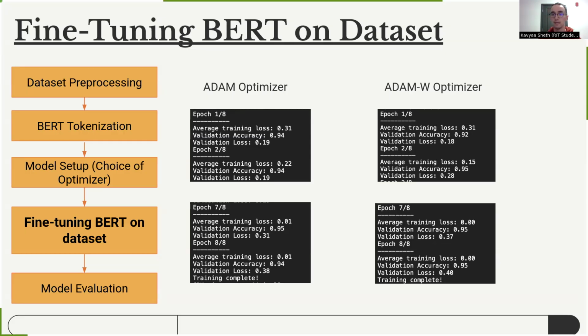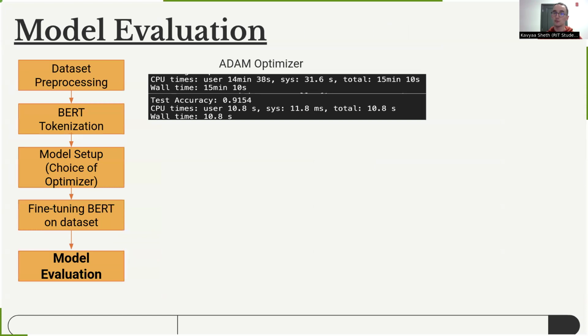As you can see, on average we are winning some values with AdamW, but I would say it's not that significant. You need to focus on average training loss and validation accuracy. There is not much difference in this aspect, but we can now focus on the model evaluation part, which is much more important and gives us much more important results, especially for the time metrics.